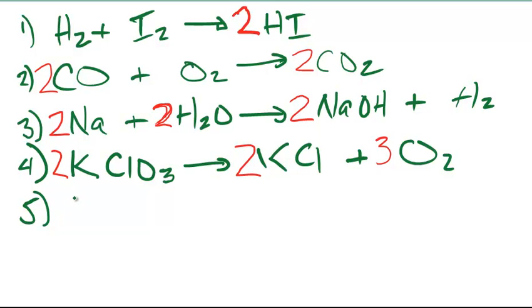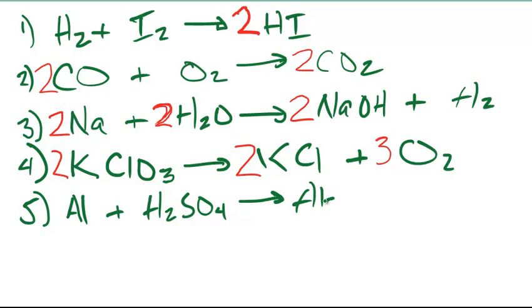Okay, here we go. Aluminum metal, that's just Al, reacts with sulfuric acid, that's H2SO4, to form aluminum sulfate plus hydrogen gas.